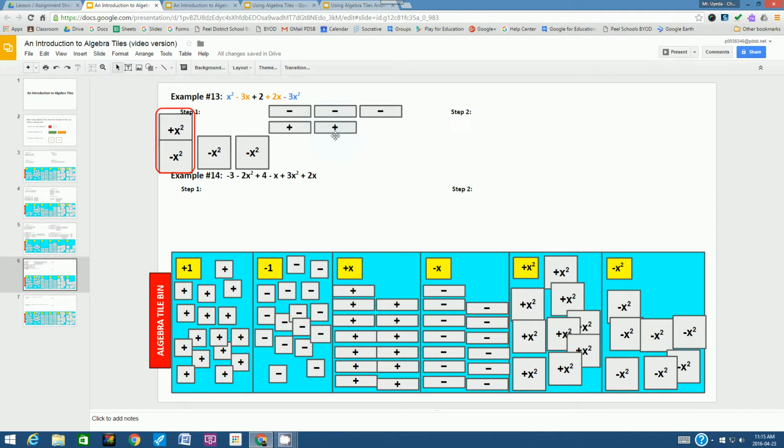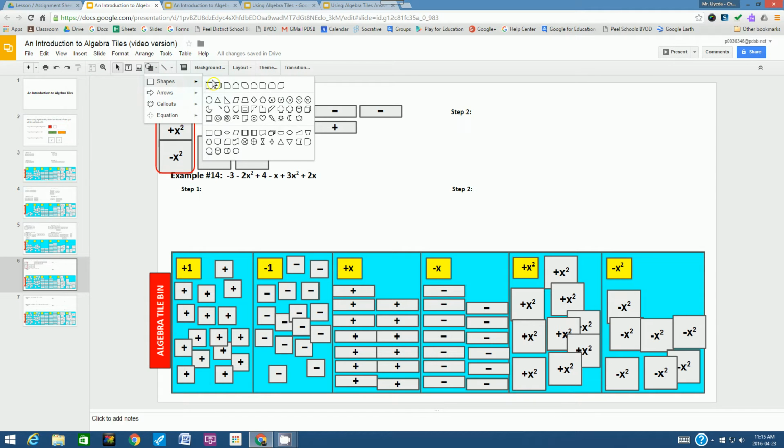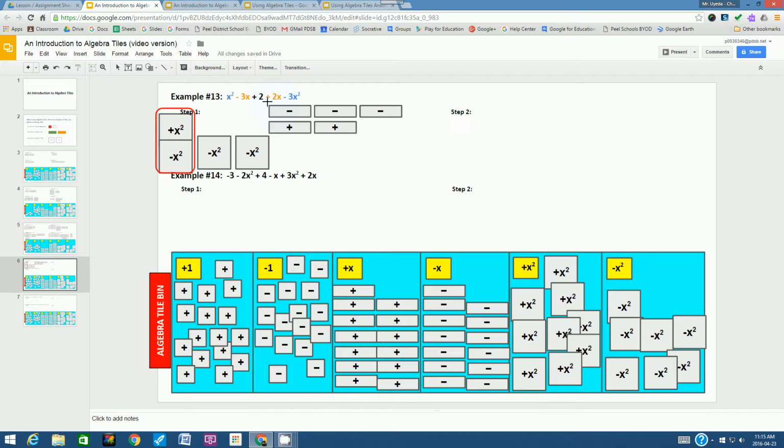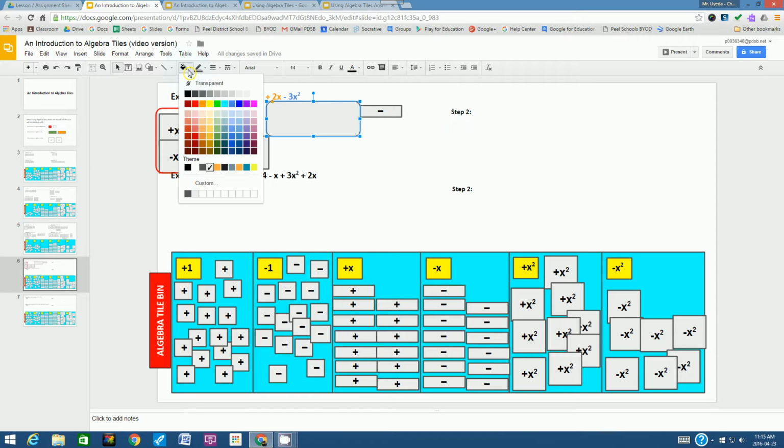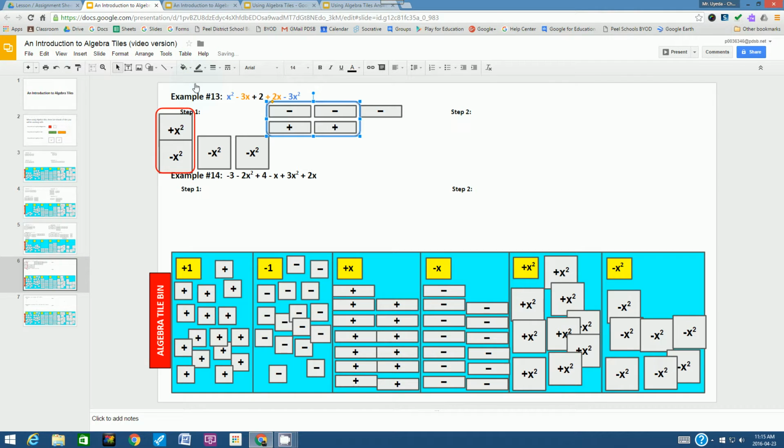There are 2 zero models. So let's go through the process of circling them. Let's use the shape tool, choose the rounded rectangle, and draw a loop around those 2 zero models. Go to the fill color, transparent, line color red, line weight 2 times. So I've got another zero model here.